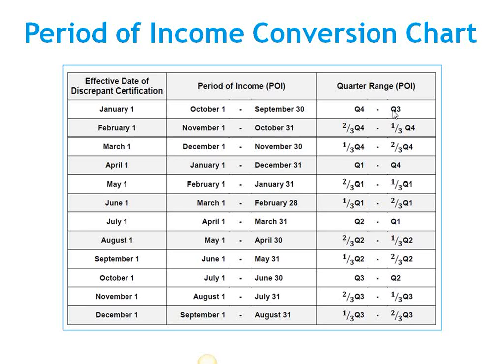How many quarters are there in a year? 4. And how many months are in a quarter? 3. Okay. So October 1 is the start of quarter 4 of a year, right? And then you get all of quarter 1, all of quarter 2, and all the way to the end of quarter 3, and that's where you land at September 30th, correct?